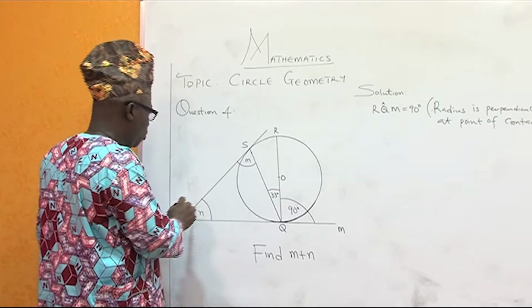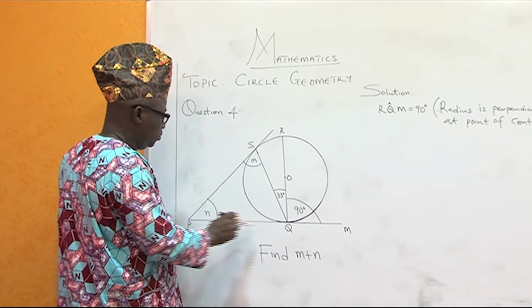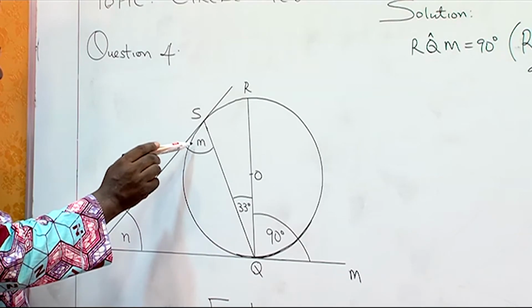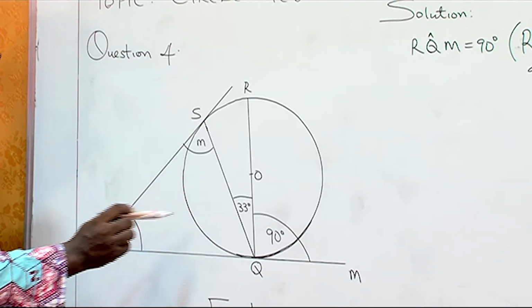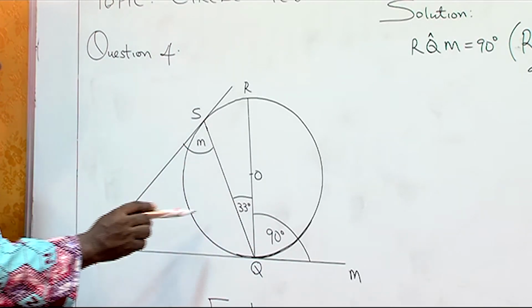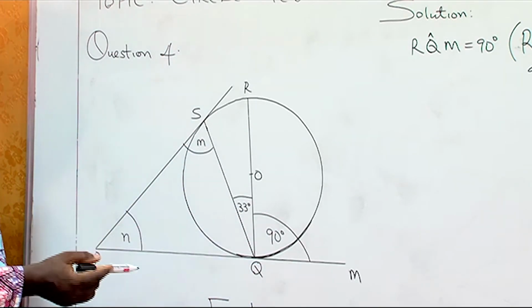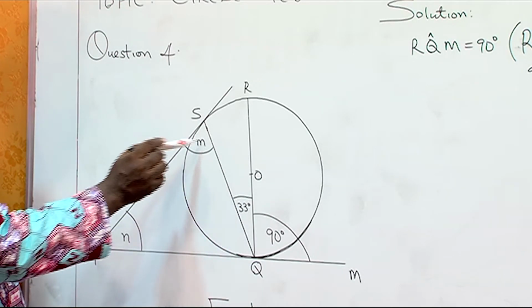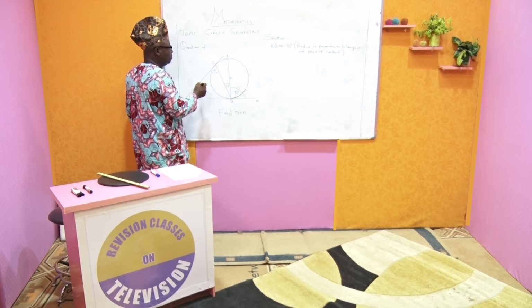looking at triangle PSQ, we can say angle M plus angle N is going to be 33 plus 90, using the fact that the exterior angle of a triangle is equal to the sum of the two interior opposite angles.